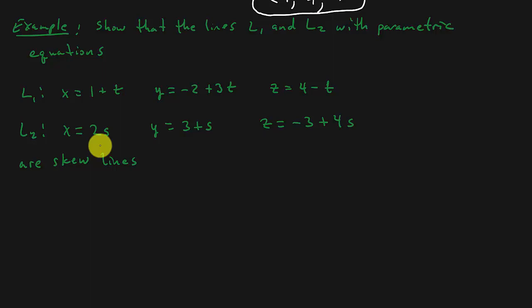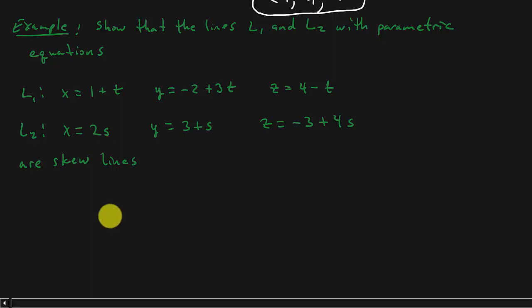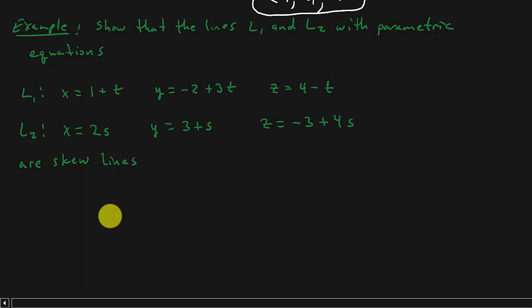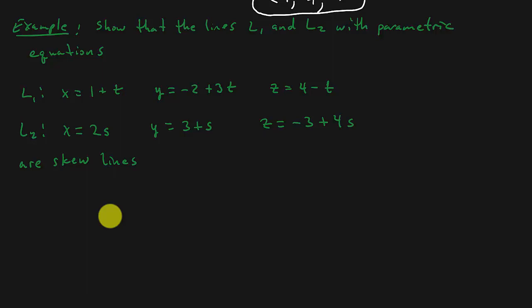And we want to show that lines L1 and L2 with these parametric equations are skewed. So what does that mean? Well, that means that they don't intersect and they're not parallel. So, two lines can be non-parallel without intersecting.